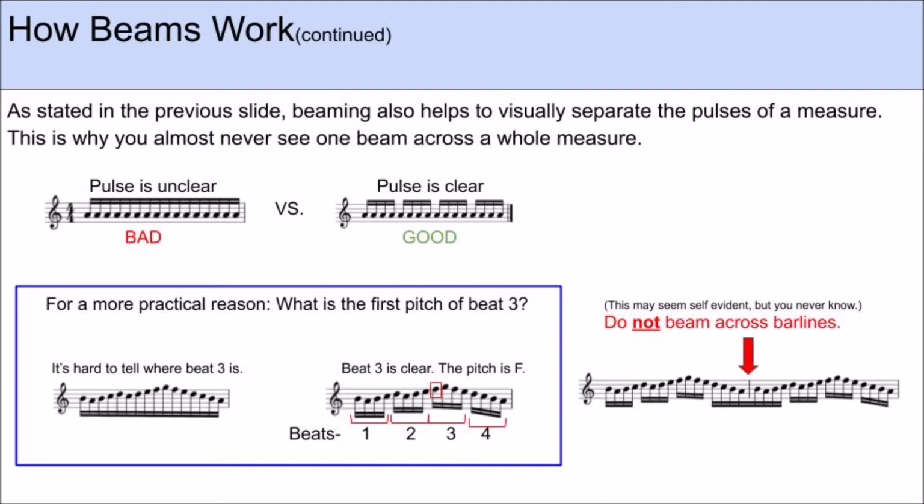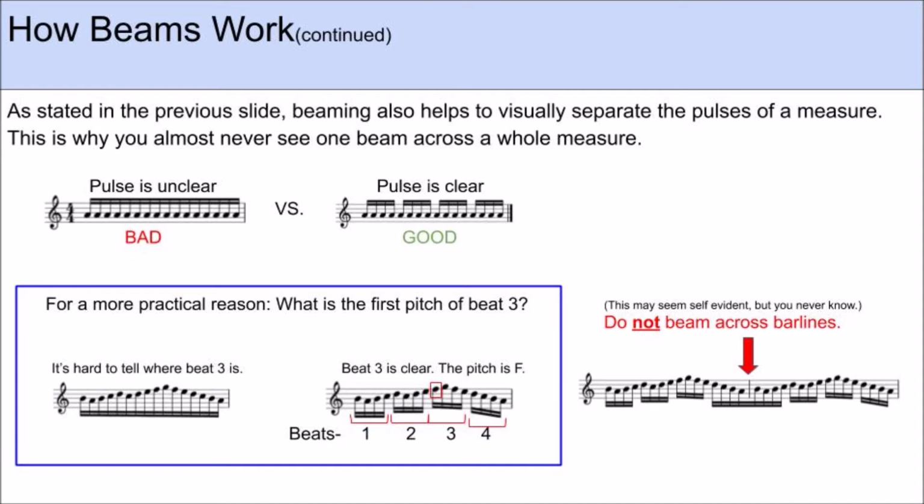There is a time and a place for everything in music, and so sometimes you do want every single note in a measure to be completely even with how loud they are, how much emphasis they get. But for a lot of the time, you want an implied, stronger beat. As we talked about with meter, some pulses are stronger and others are weaker.